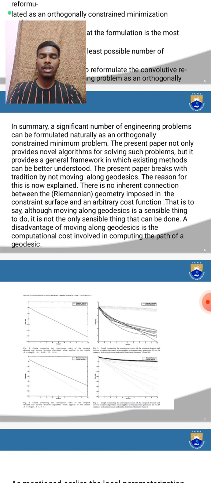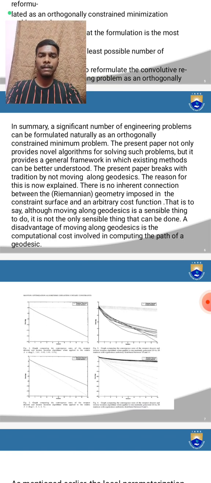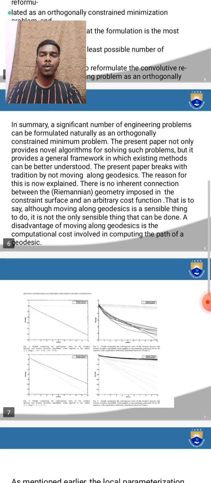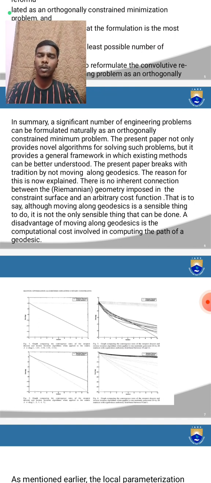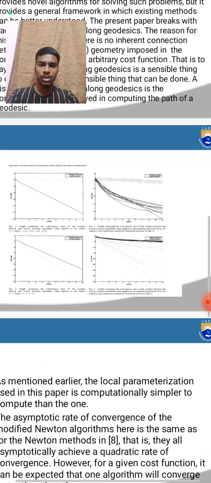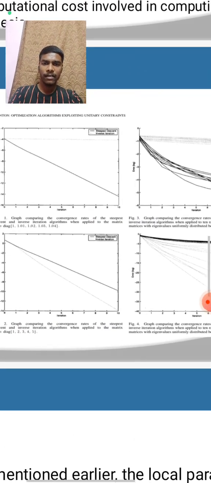Although moving along geodesics can be done, a disadvantage of moving along geodesics is the computational cost involved in computing the path of a geodesic. So here are the graphs of the unitary constraint.